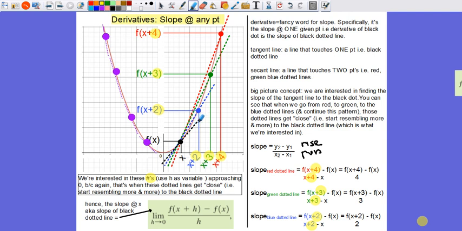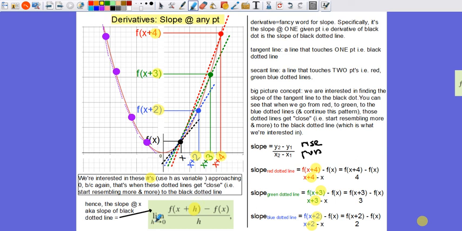This equation is basically this equation, except instead of using 4, 3, 2, they're using a variable called h.